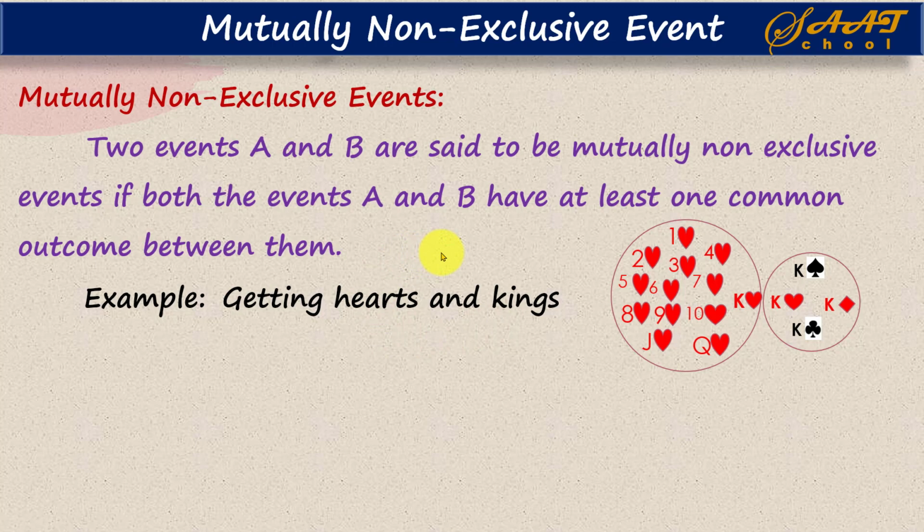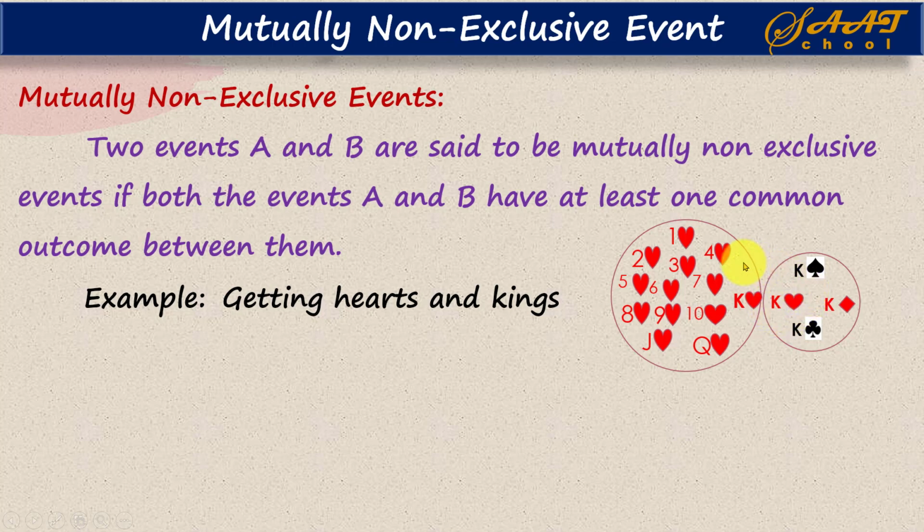events. If A represents getting a heart and B represents getting a king, then if you look closer, there is one common outcome between them, meaning there is the king of hearts in getting a heart and there is the king of hearts in getting a king.